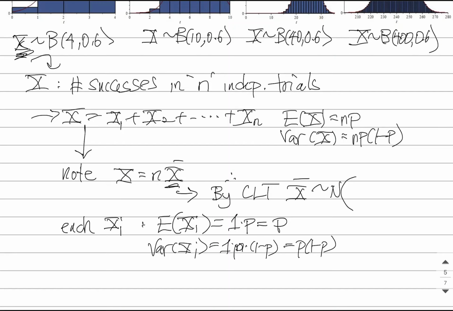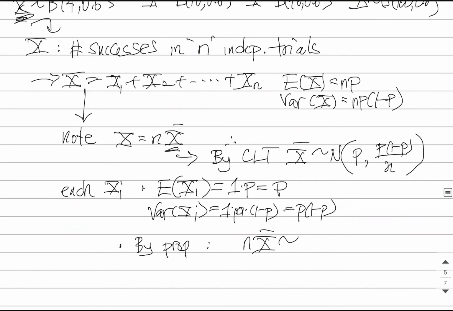So according to the central limit theorem, we are going to get p(1 minus p) as the variance, but remember we're dividing by n. So the central limit theorem tells us that the average has to behave this way. Just like in the previous examples, by the properties, we know that nx will also be normally distributed.